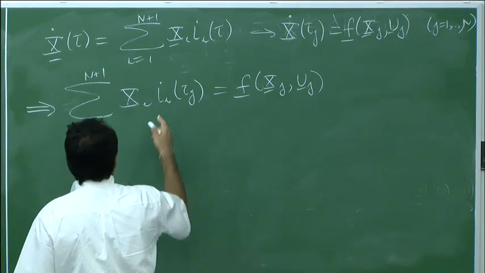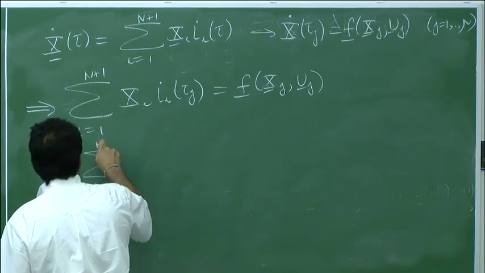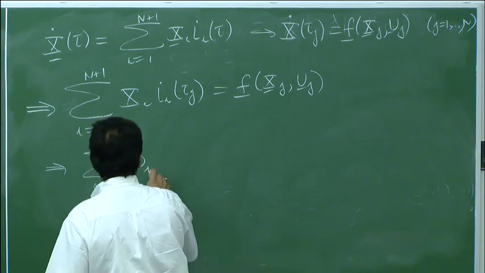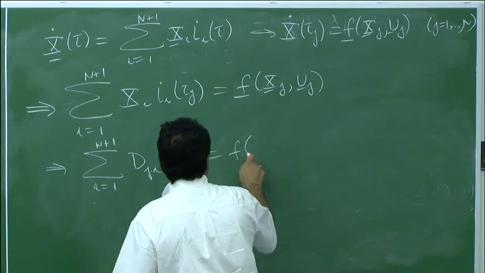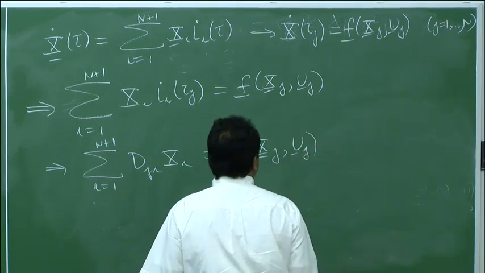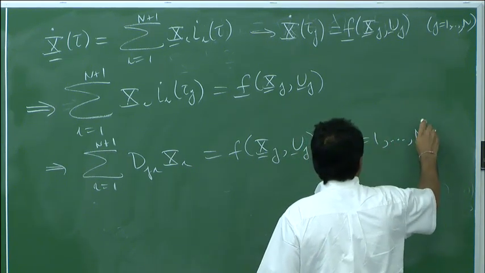And then these coefficients here become the differentiation matrix. So it gives you the sum from i equals 1 to n plus 1 of D_ji x_i equals f of x_j and u_j. And again, j goes from 1 up to n.